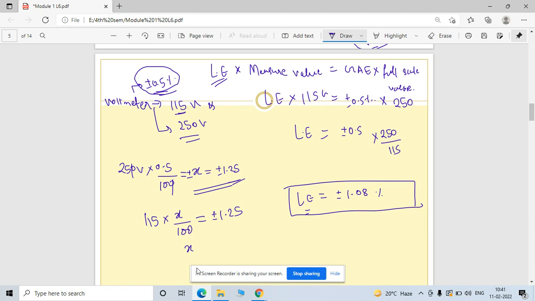So when you find out this x value in terms of percentage, you will get plus minus 1.08%, right? By the same way you can easily find this, but the absolute value is nothing but plus minus 1.25. Okay.